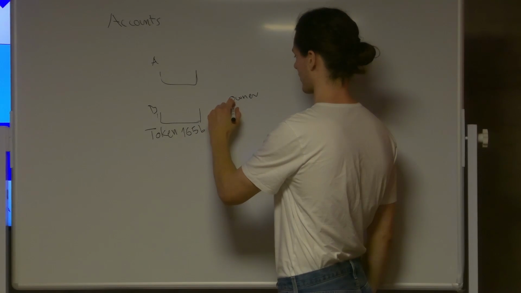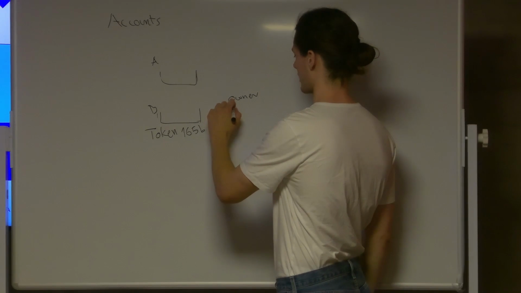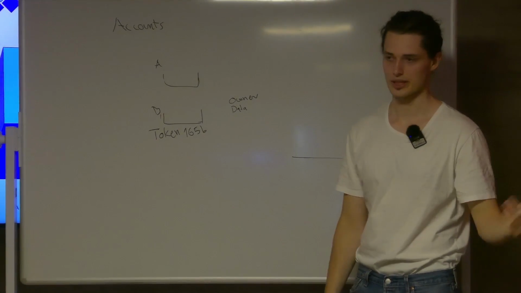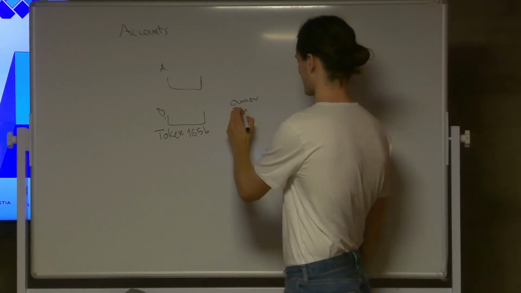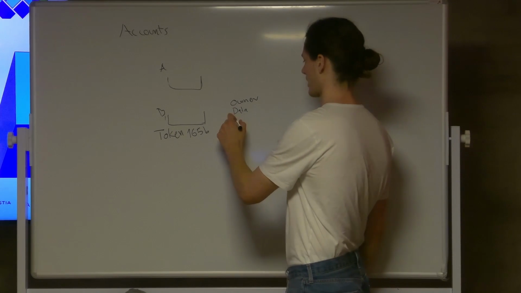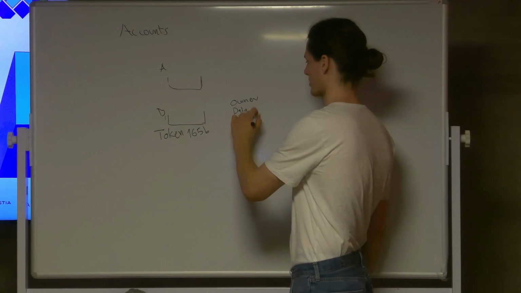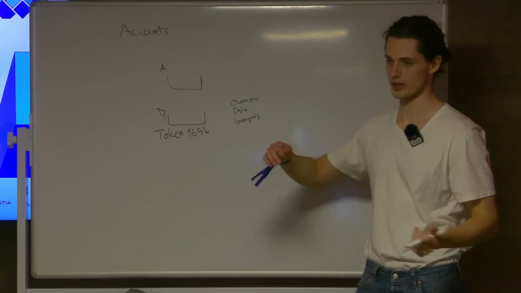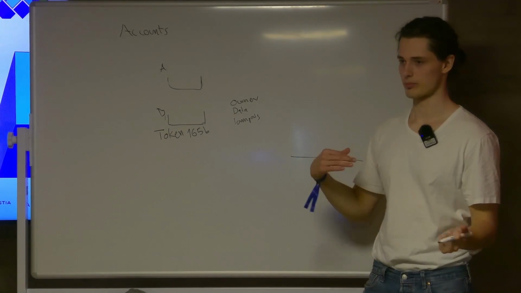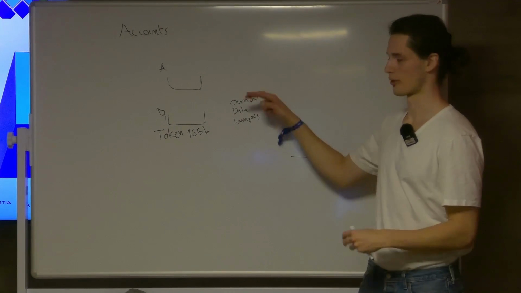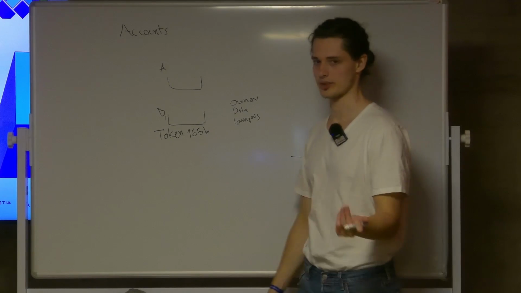It has a data field, which can be written to and is owned by an external guest program. This would be your custom smart contract. And then there's also a lamports field. And then obviously this key has a public key and the corresponding private key, and if it's program owned, it's actually an off-curve address that's being derived.